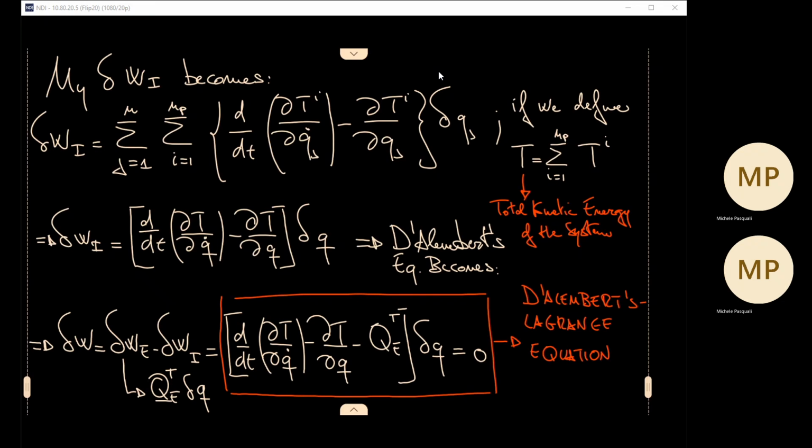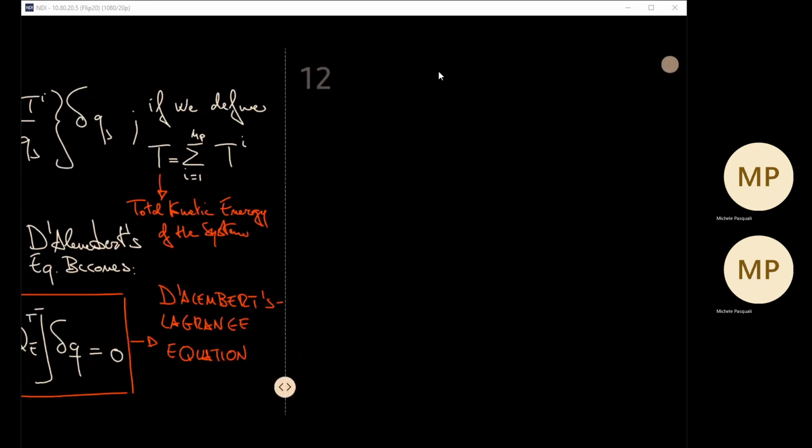Now we still have to do something. We can take into account the fact that the q's are linearly independent and write this in the strong form. Okay? Let's do it, and then we're basically done.